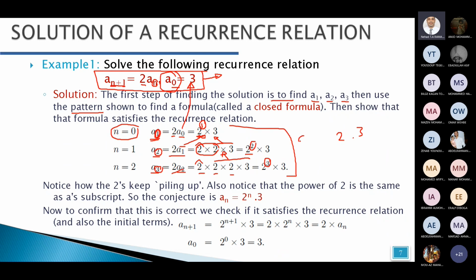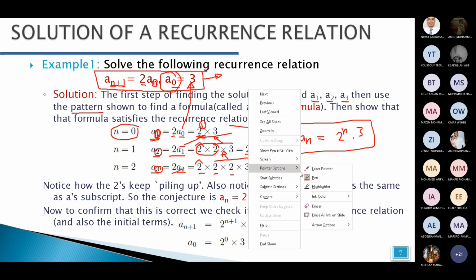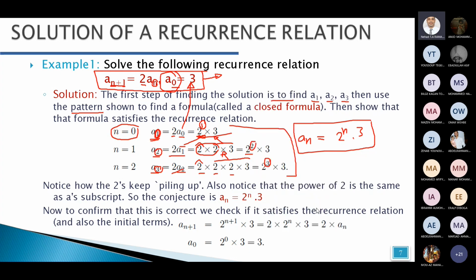So an, the general term of a, is actually equal to 2 power n multiplied by 3. So this is a general term. From where do I get it? From the relation between the terms.